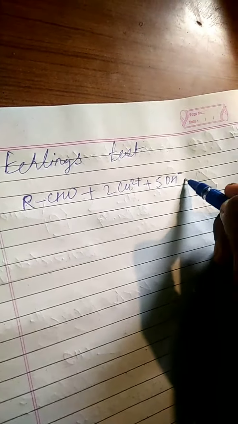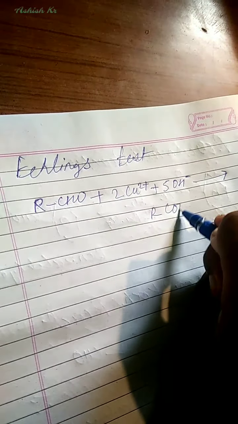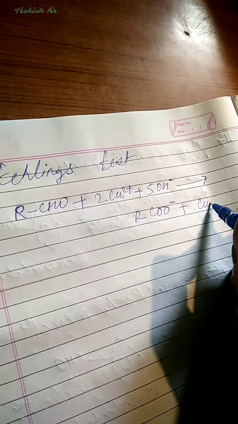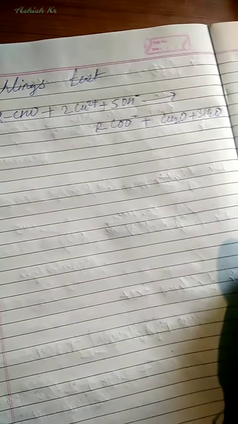On further reaction it gives out RCOO- plus Cu2O plus 3H2O. So this is Fehling's test.